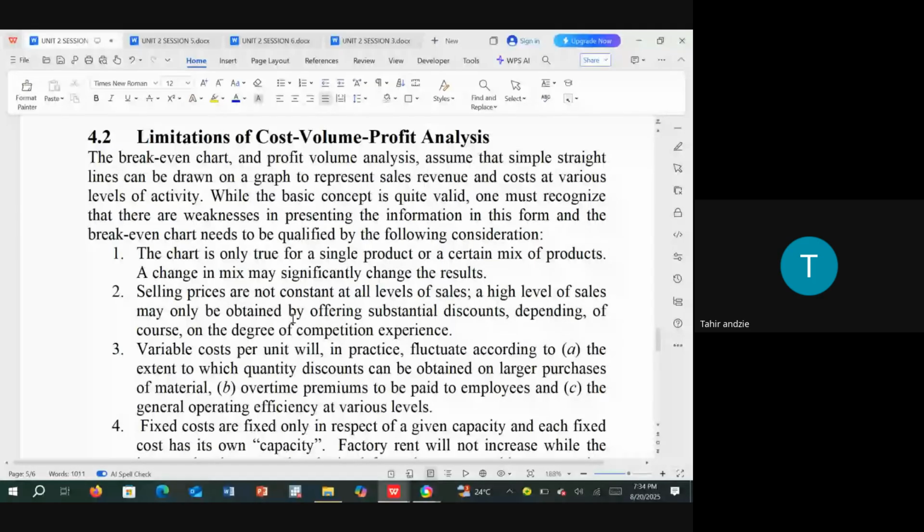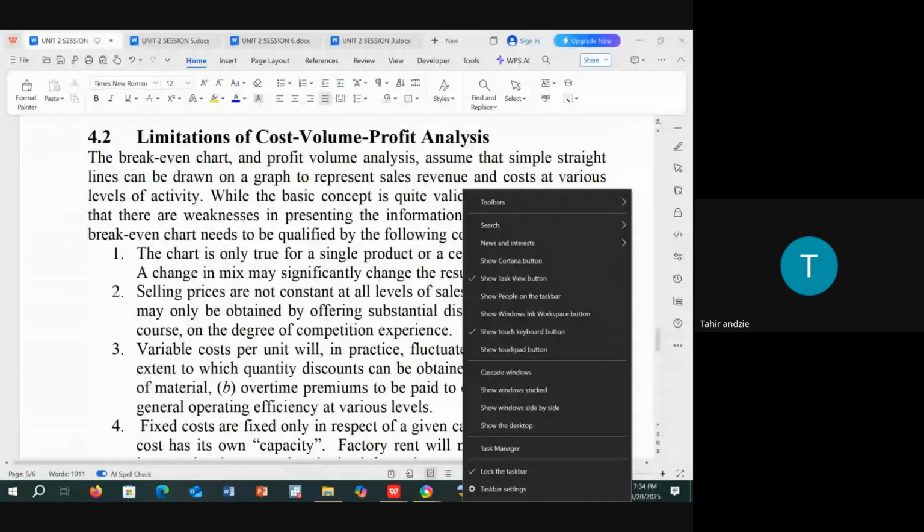A change in mix may significantly change the result. We remember that one of the assumptions under the break-even chart is that the analysis is done for a single product or a constant product mix. But in normal sales, we do not sell a constant product; in actual sales, the mix with which the sales are made changes. And when the mix changes, there is going to be a problem with the analysis.